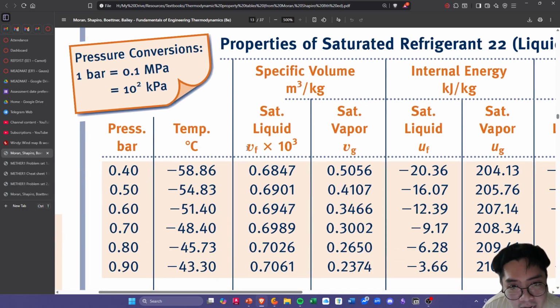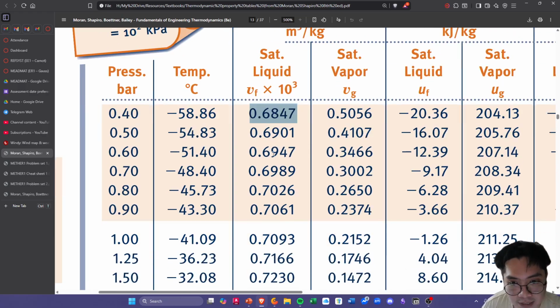It's displaying you the value of VF times 10 raised to 3 or times 1,000. This thing, or rather this 0.6847, is actually VF times 10 raised to 3. So for you to get the correct value of VF, you need to divide this small thing by 1,000. And as you can see, that makes more sense because now look at this.